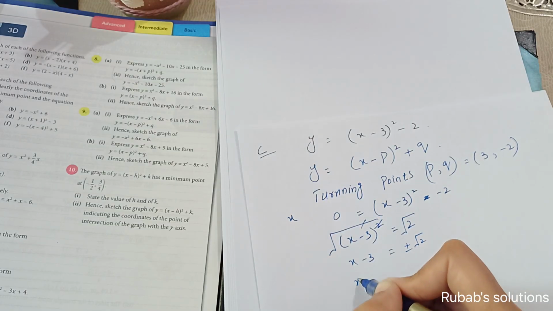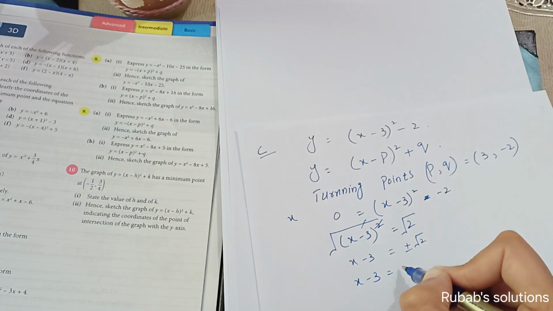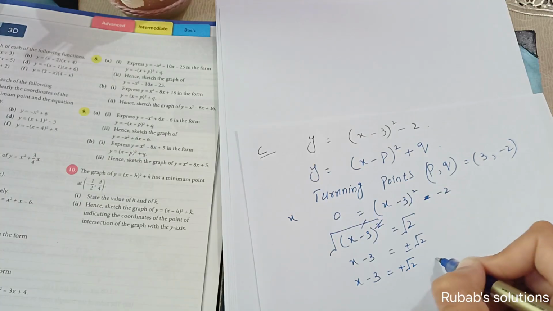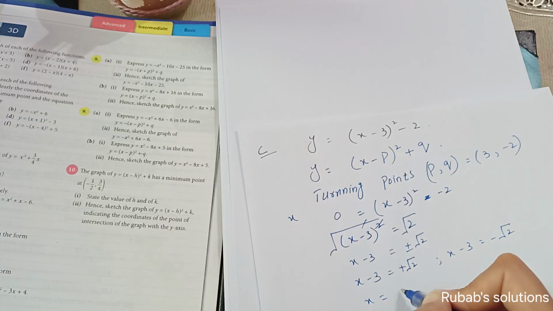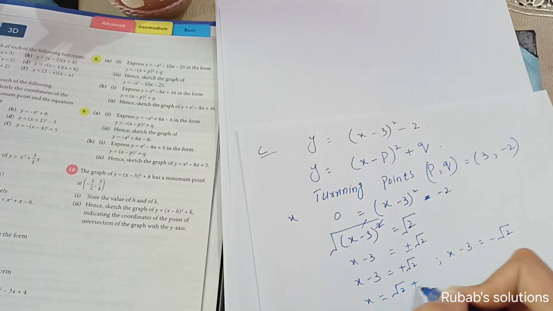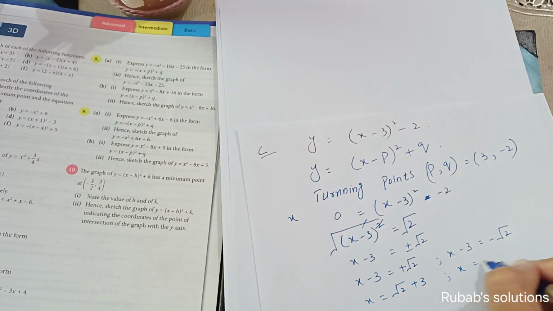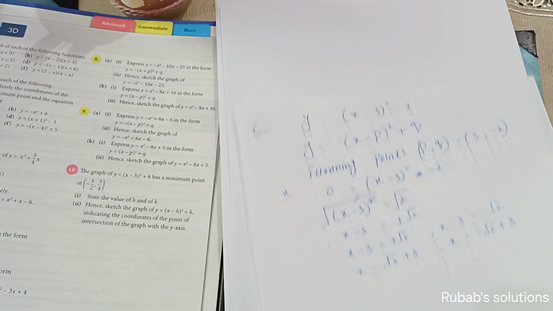One side x minus 3 is equal to plus square root of 2, and on the other side x minus 3 is equal to minus square root of 2. So x is equal to square root of 2 plus 3, and over here x is equal to minus square root of 2 plus 3. So you will get 2 points over here.